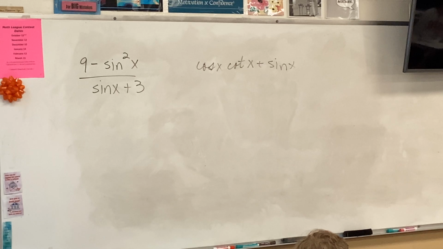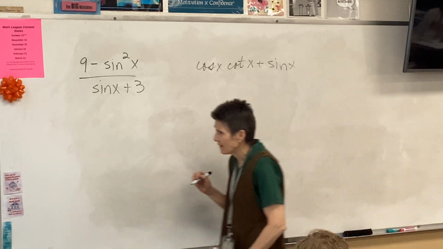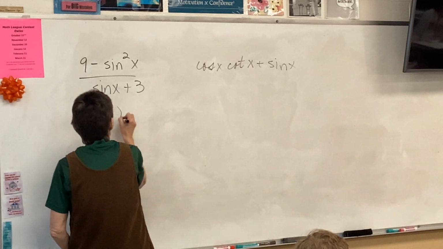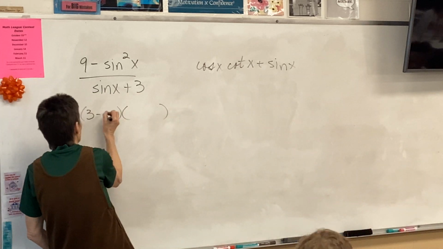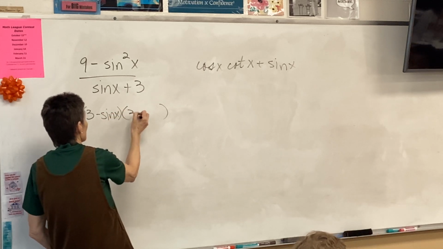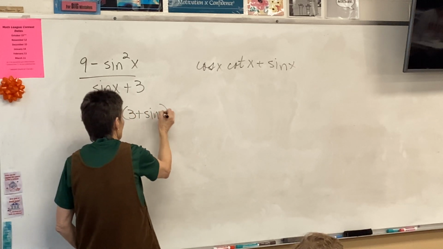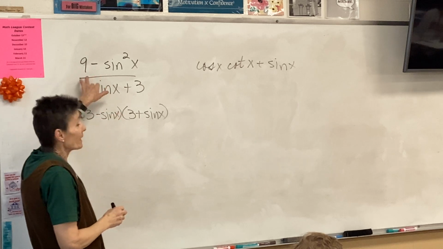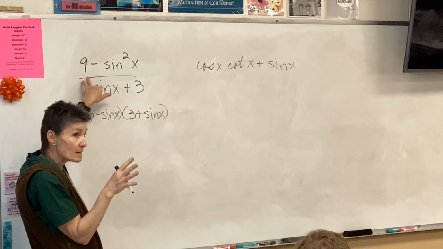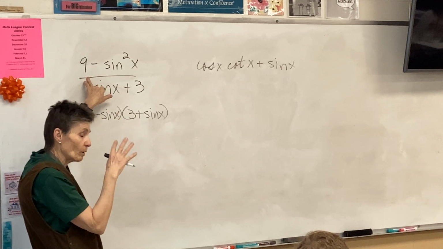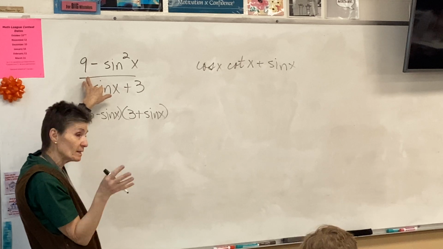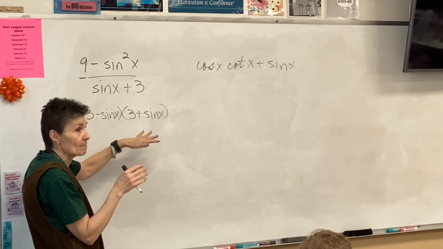Okay, how does the difference of squares factor? There on the numerator, that is the difference of squares. How does it factor? 3 minus sine x, 3 plus sine x. So, if that had been a 16, or a 25, or something like that, I would do exactly the same thing.